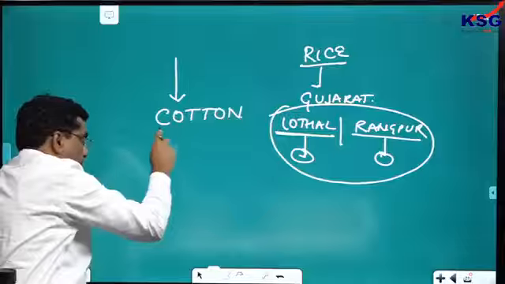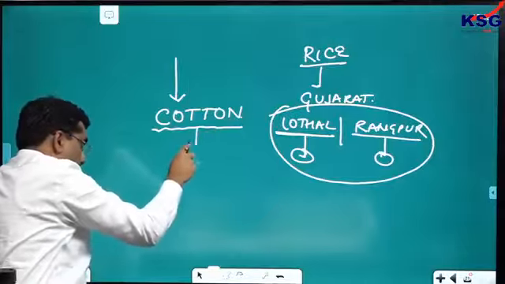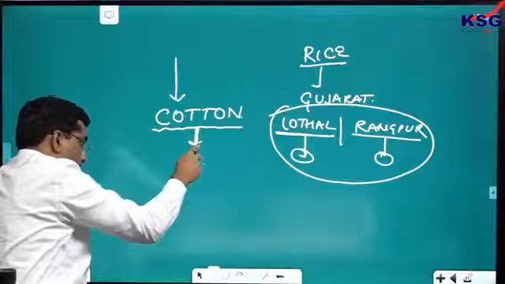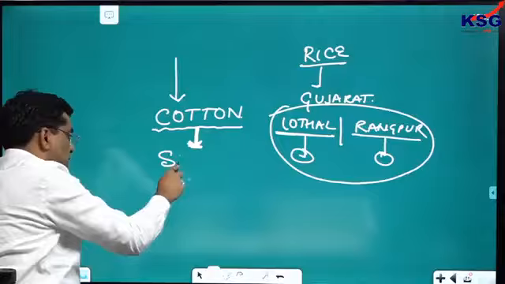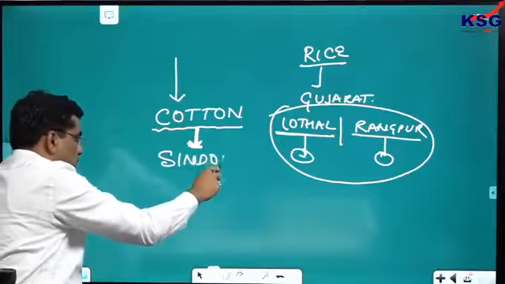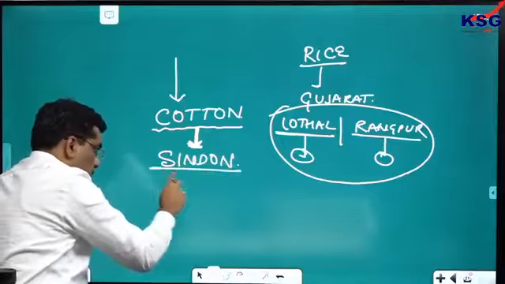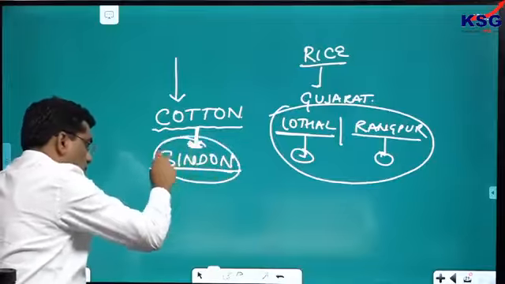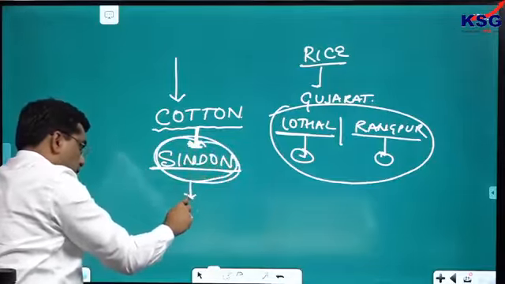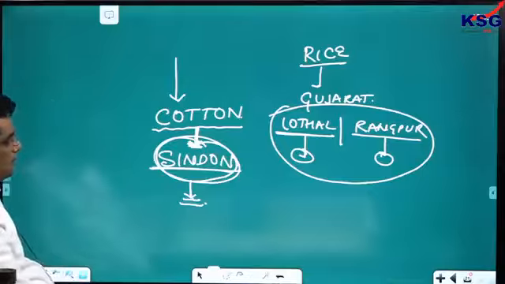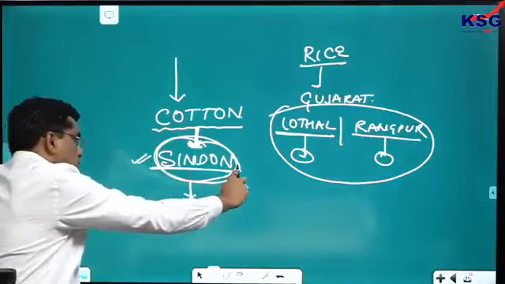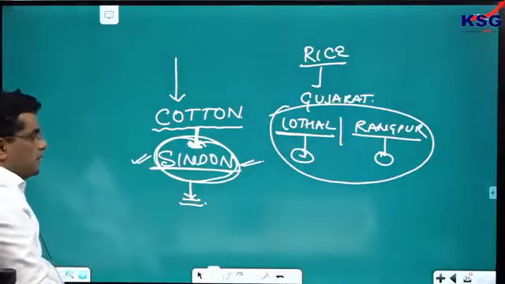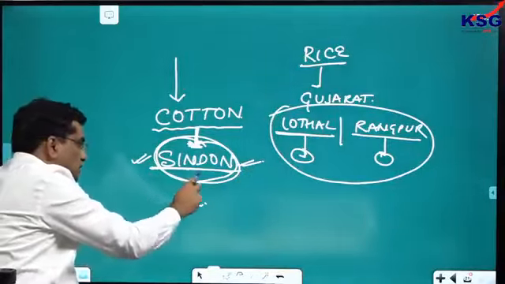Cotton was called Sindhan, because it was grown in the Sindhu Valley.